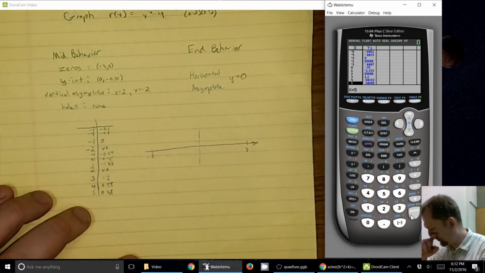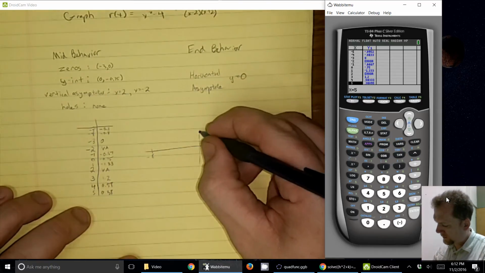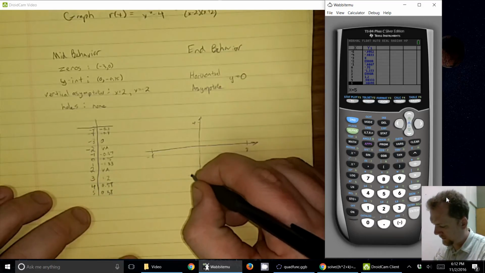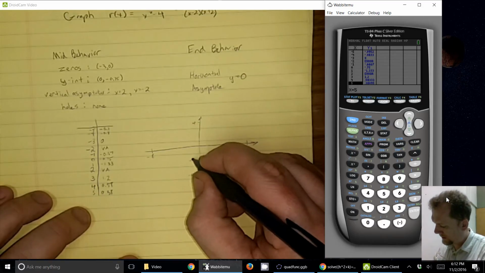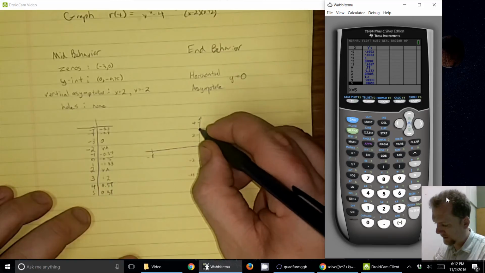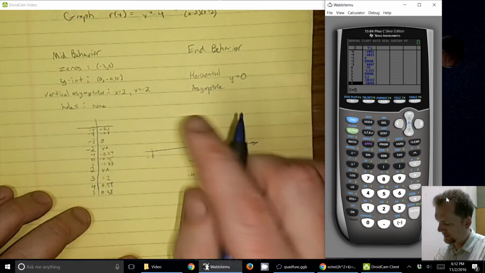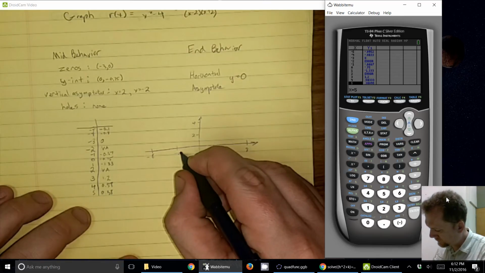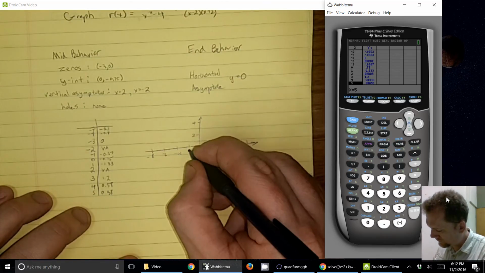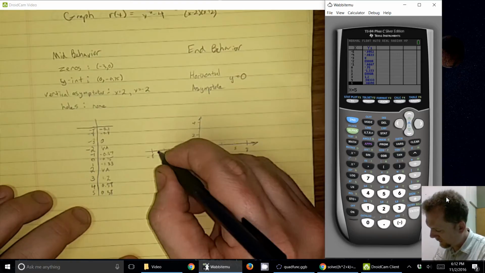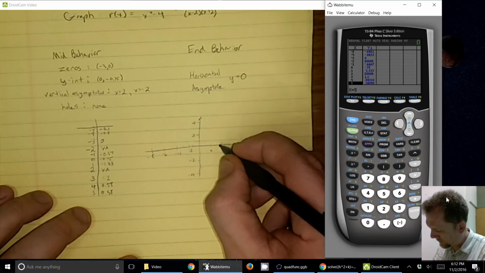I want to go past those, so I'm going to go -4 to 4. That'll look really nice in the calculator anyway, because the grid is 2 to 3. All right, that should work pretty good.